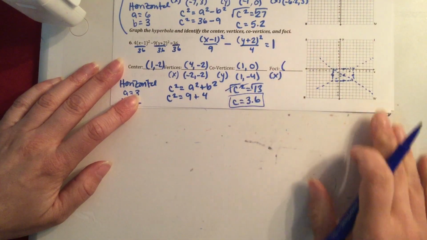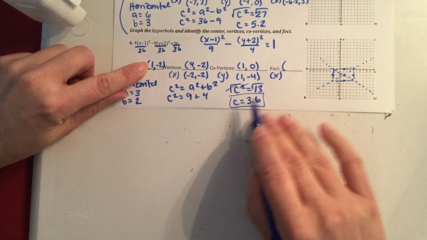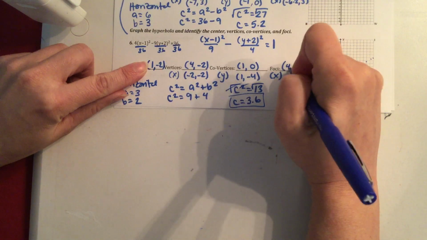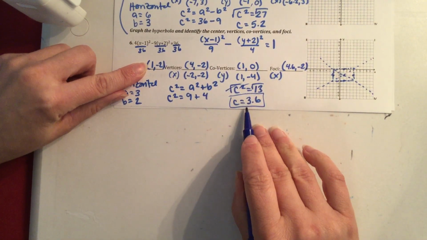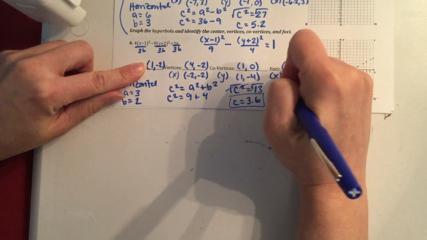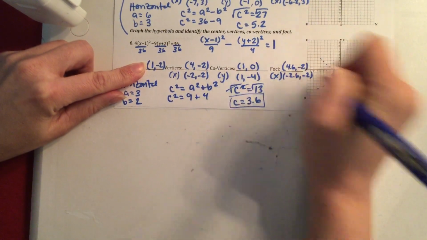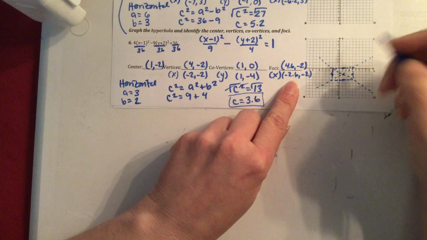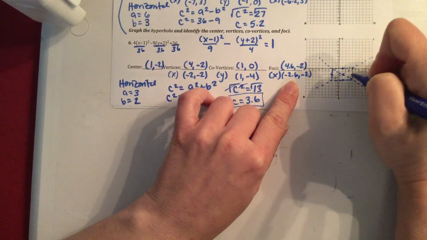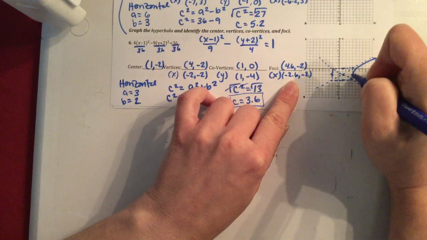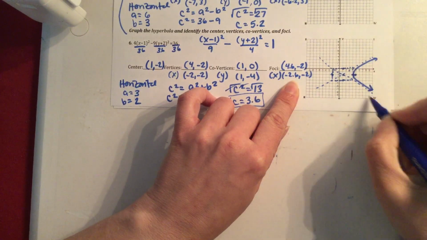So let's go ahead and find those 2 points. 1 plus 3.6 is 4.6. You keep the y the same. 1 minus 3.6 is -2.6, and you keep the y the same. So if I go to the right 4 and a little bit and down 2, it is not inside the box. This is your vertex for that branch.